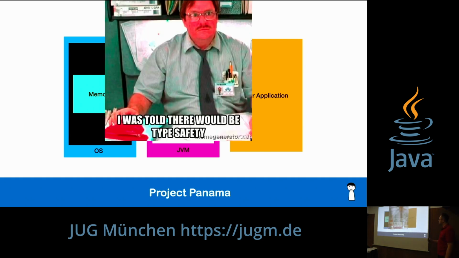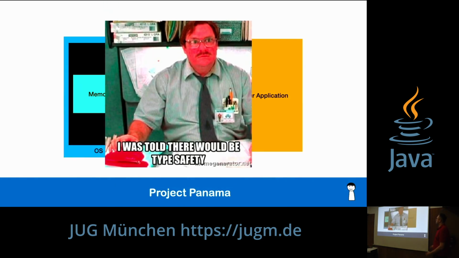So we were told that we'll be able to receive a type-safe API to read and write the operating system's memory, the so-called Foreign Function and Memory API. It will be delivered in the next version of Java, JDK 22.